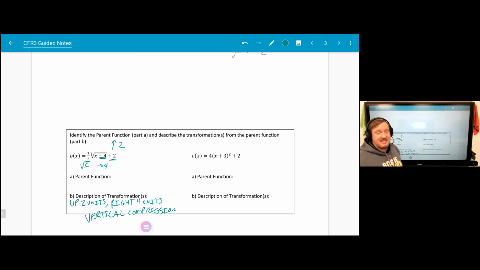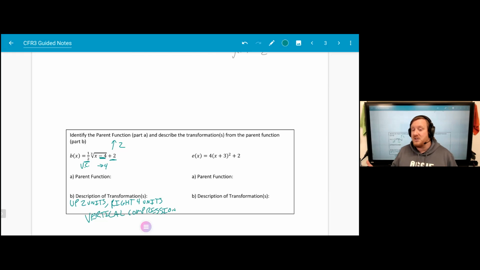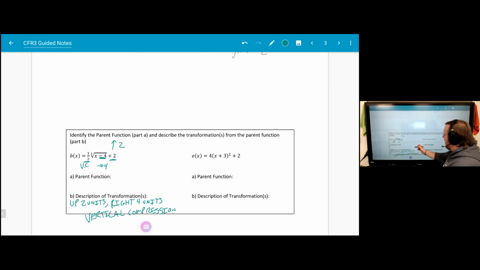The one thing we haven't done is talk about what the parent function is, and that's because it doesn't matter. I mean, it does matter because I asked you for it, but it doesn't matter what function it is, it does the same thing. The parent function in this case, I've got the root again, but it's not a square root because it's got this little 3 up here.